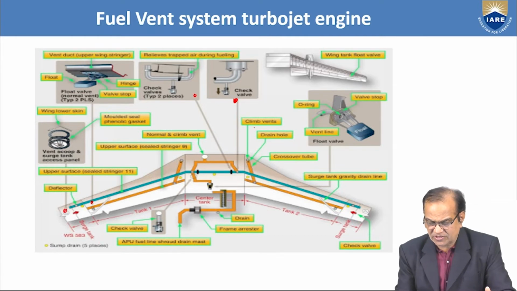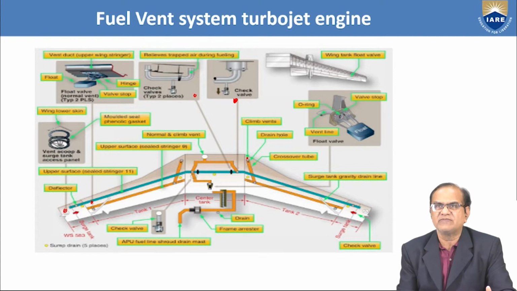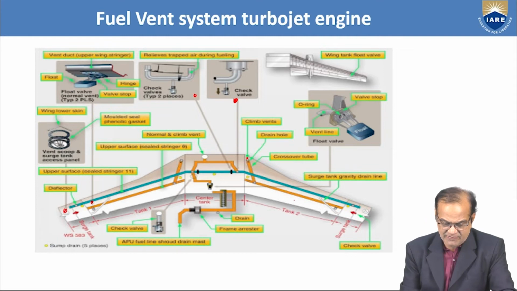In the same way we have the climb vent. This is the hole, and these are the drain holes. Then we have the crossover tube, which connects two things at a time. Here we have the check valve, then the APU fuel line shroud.